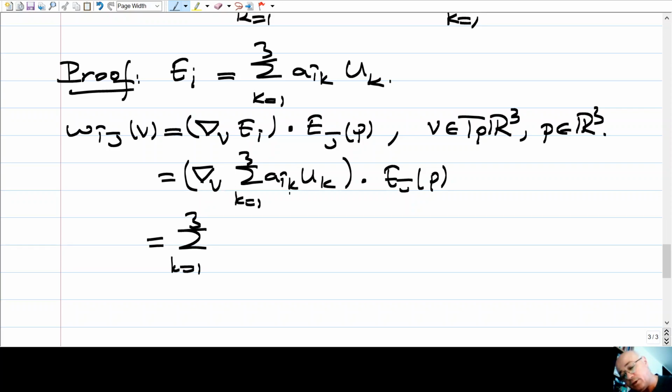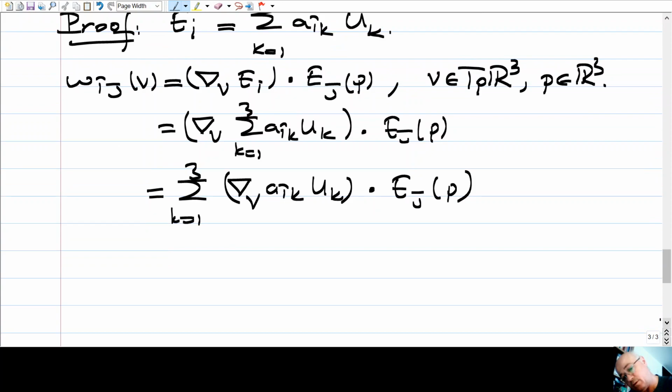First, linearity of this operation, and then I have this aik uk dot product with Ej(p). Okay, so what is this?